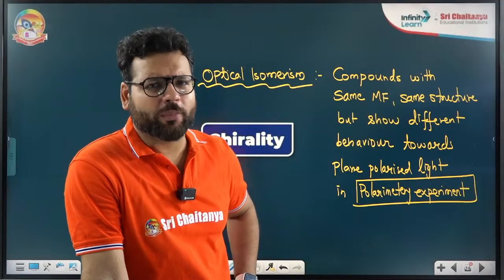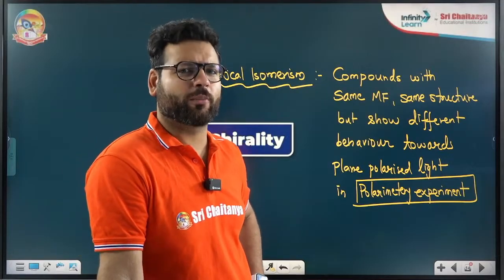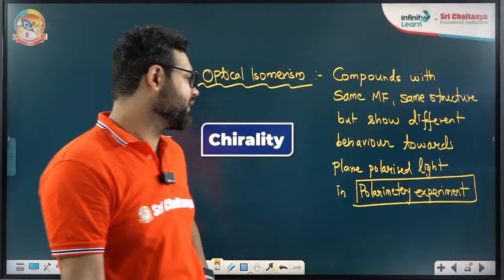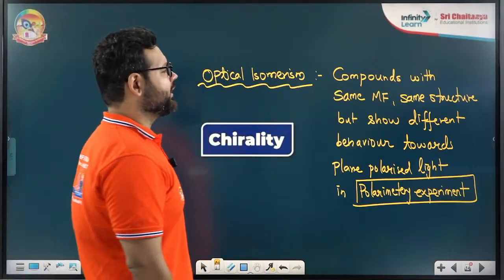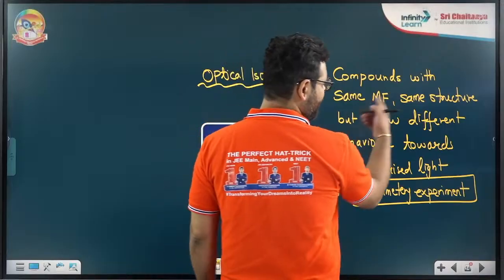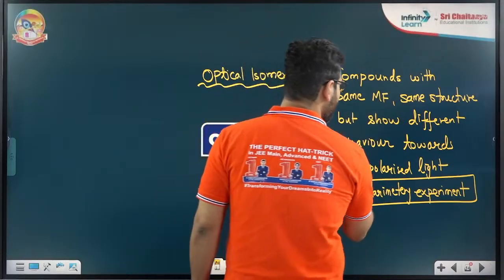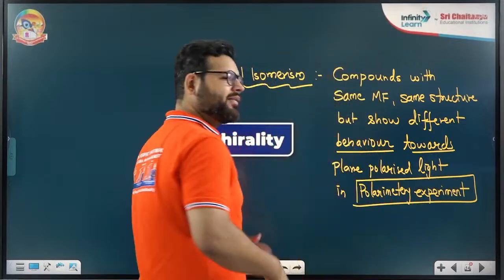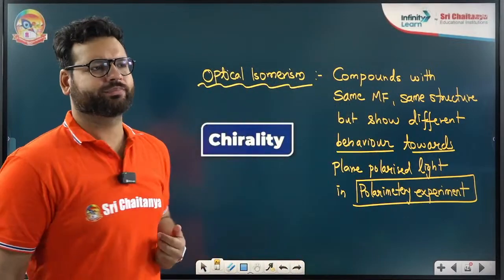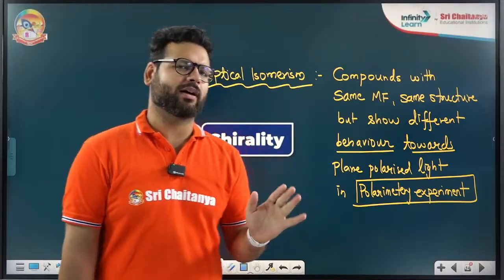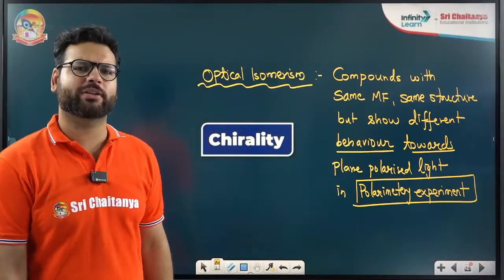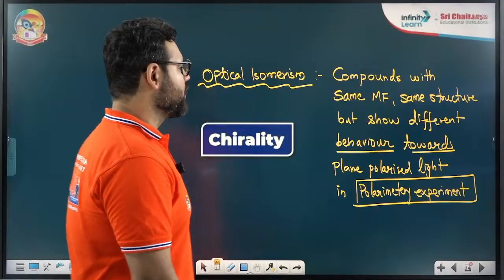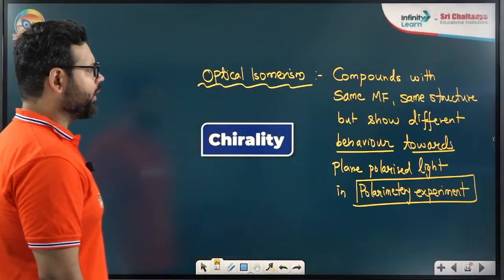That is the condition for optical isomerism. But the definition is: compounds which have the same formula, same structure, but behave differently towards plane polarized light. Why they behave differently is the reason you are telling, I am telling the definition. Whatever you are saying is a correct reason for it. We'll talk about it.